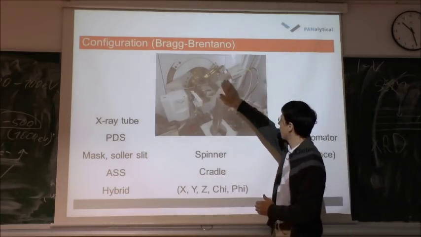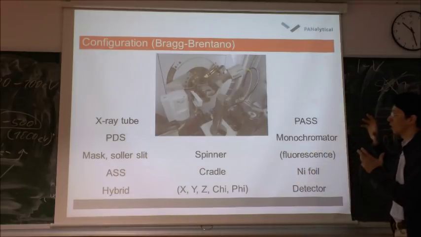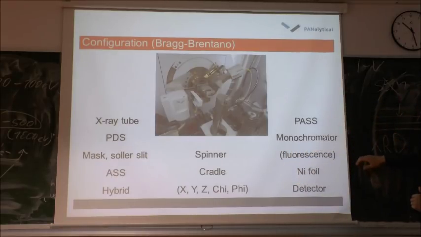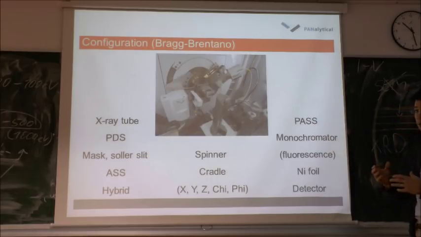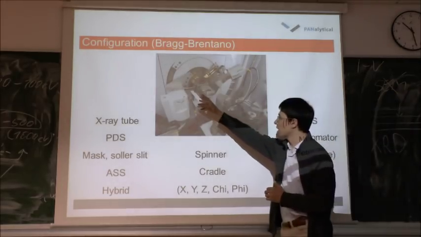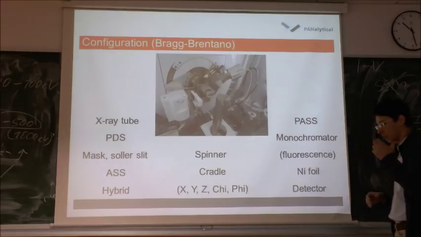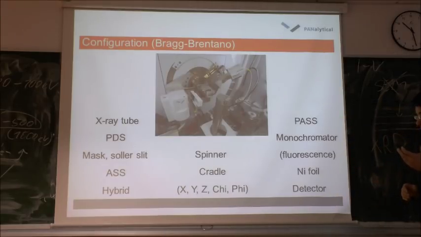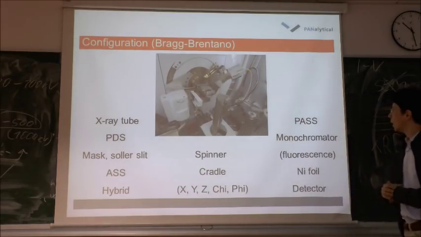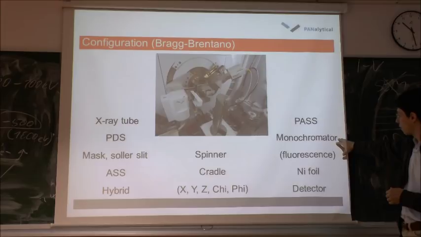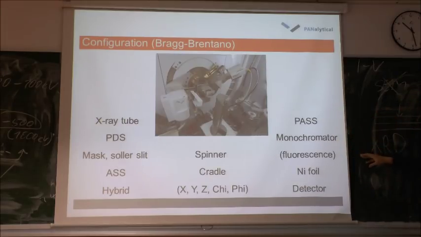And then on the diffracted part, for the Bragg-Brentano configuration, we normally have a programmable anti-scatter slit. This is again, as we have here, an anti-scatter slit for elimination of scattering from air. We also need a similar slit on the diffracted side. In this configuration, we have a monochromator, which eliminates fluorescence.